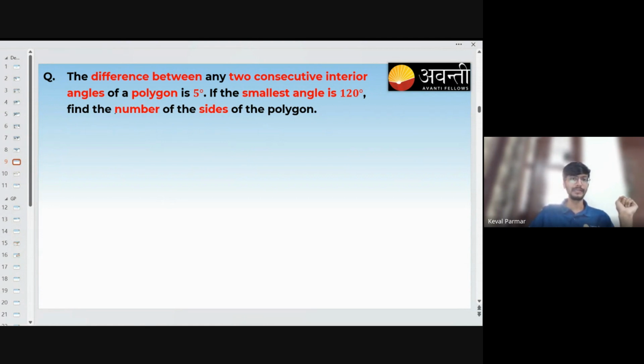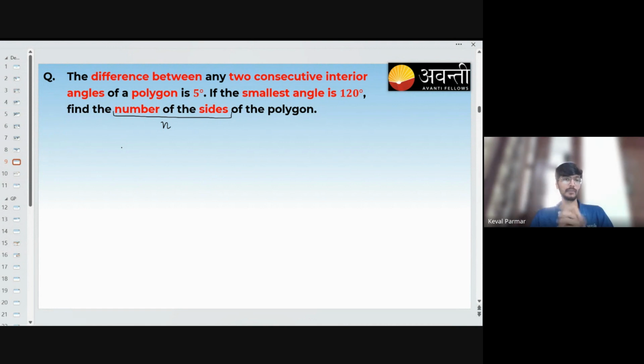So let the number of sides of the polygon be n. Correct? So what they have given is the difference between any two consecutive interior angles of a polygon is 5 degrees. Smallest angle is 120. So this is a very good word problem where they have not directly given what my AP is.